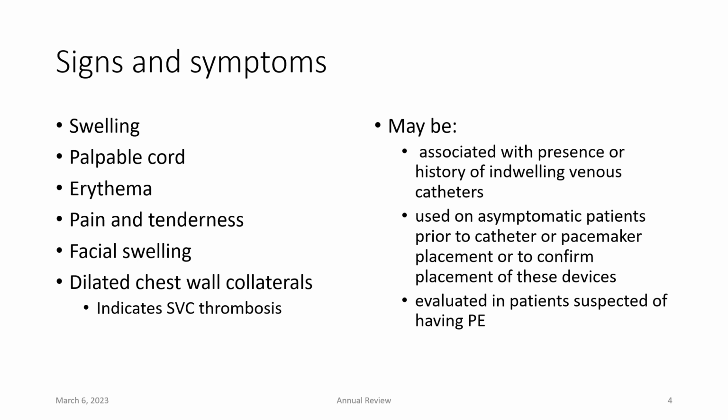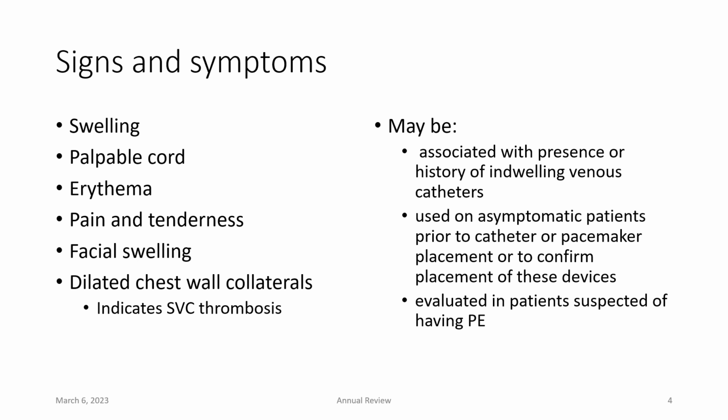And so a lot of times these are actually the initial cause of a clot. The upper extremity venous analysis may also be used on asymptomatic patients prior to catheter or pacemaker placement to confirm the placement of these devices.